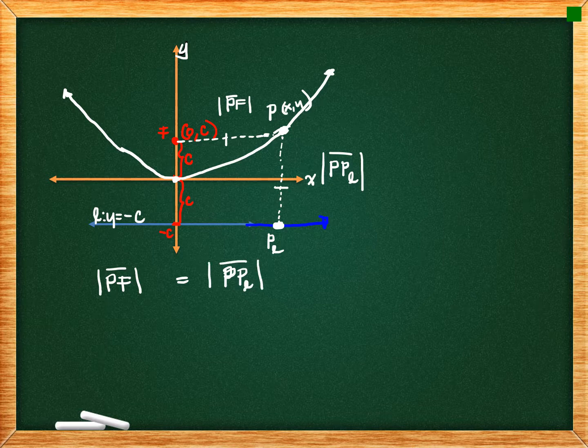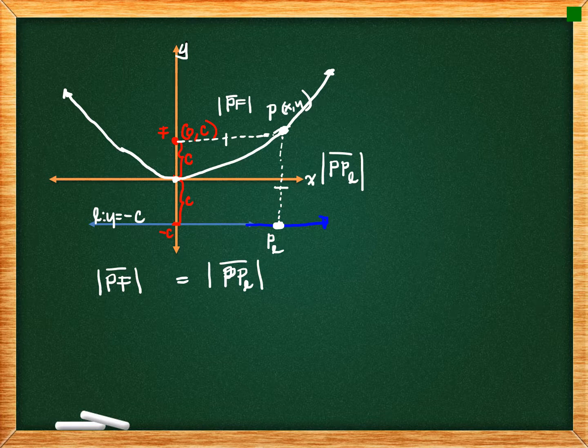And this is based on the definition of a parabola, that the points on the parabola have distances which are equal from the point to the focus and from the point to the directrix.